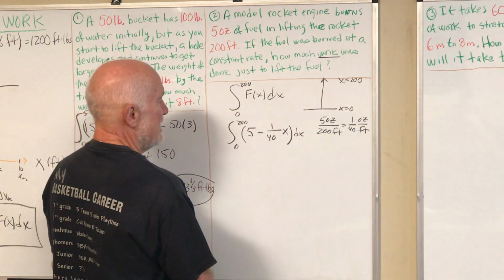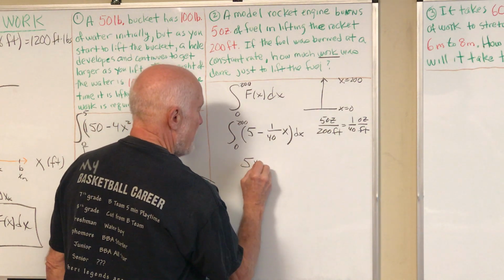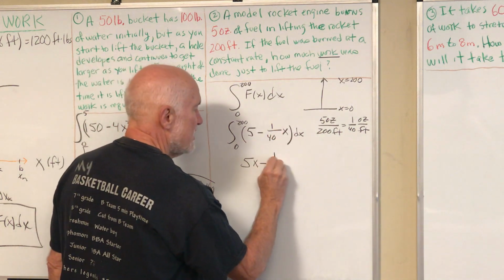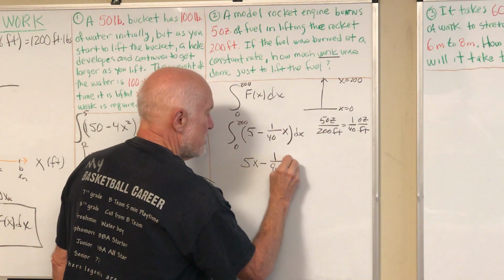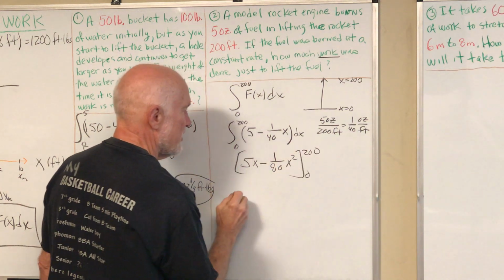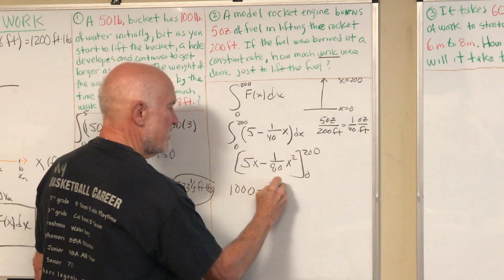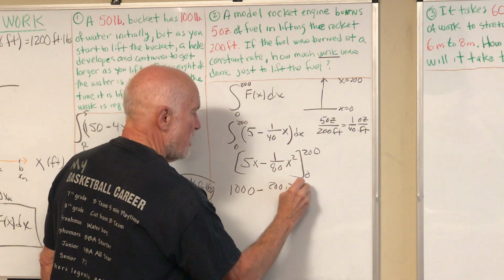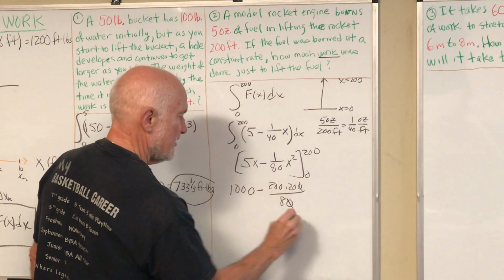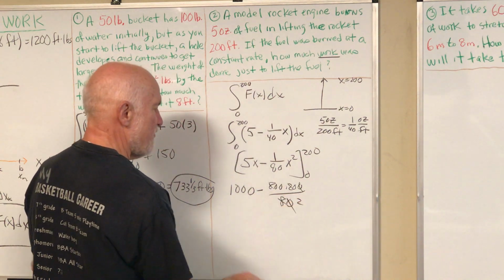So when we go to do the fundamental theorem, we get 5x minus 1/40th x squared over 2 from 0 to 200. So 1,000 minus 200 times 200 over 80. A little cancellation, and you get 500.